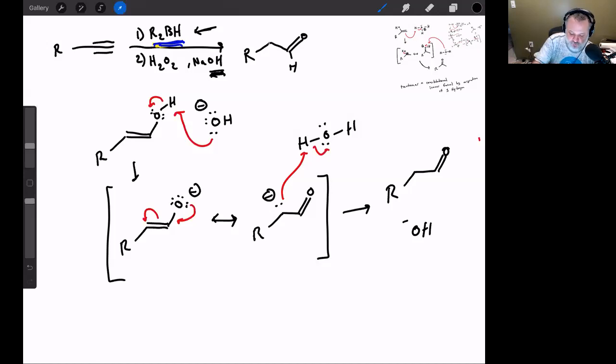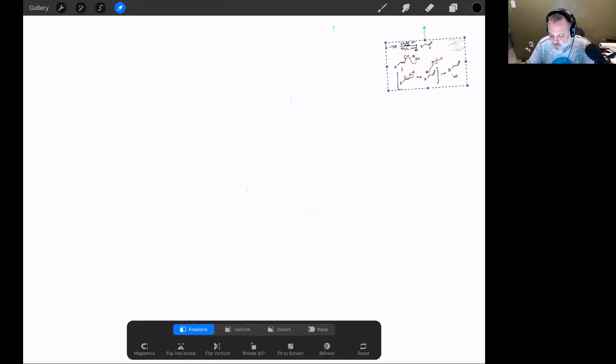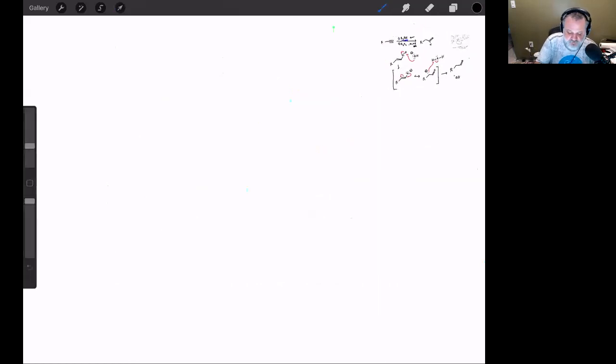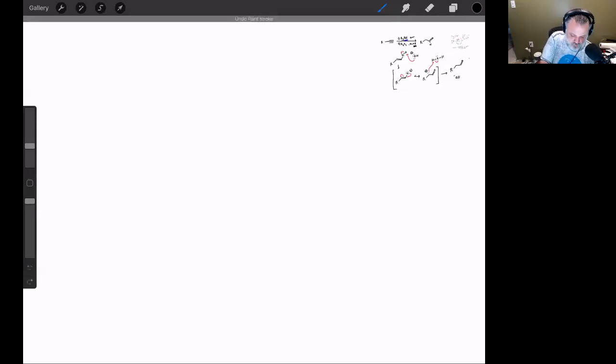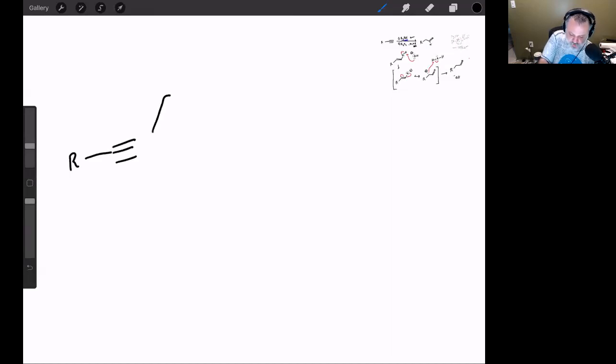All right, so just real quick to review. There are two hydration reactions that are similar, but they lead to different products because of the tautomerization. If I take an alkyne, I can do a Markovnikov hydration. It involves similar reagents, although the mechanism is just a little bit different.